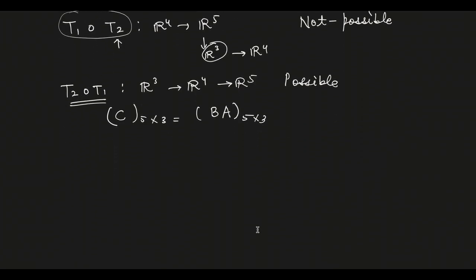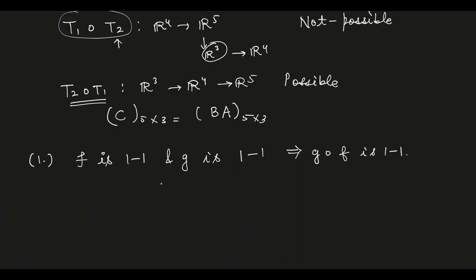Now we will see some results for this also. If F is 1 1 and G is 1 1, this implies G composition F is 1 1. Second result, if F is onto and G is onto, this implies G composition F is onto.